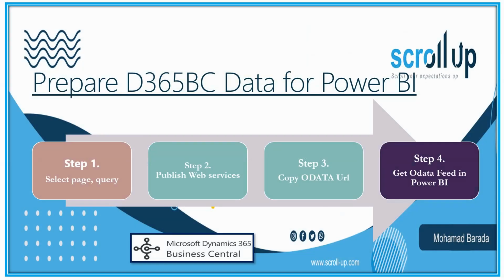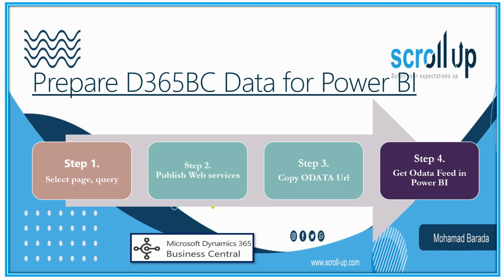So module 3, in order to prepare our data to be used in Power BI. For Business Central, I'm going to cover the first section. Then we will practice an example of Business Central. Then we will see the Dynamics 365 CRM part.